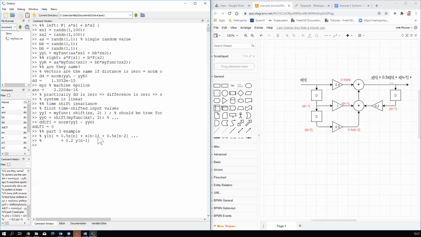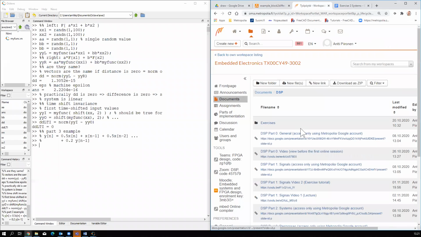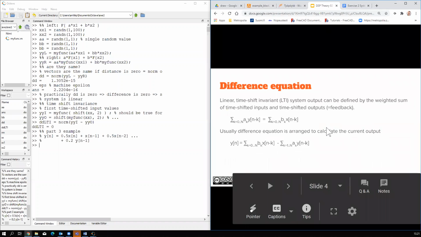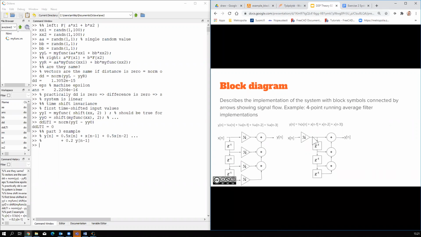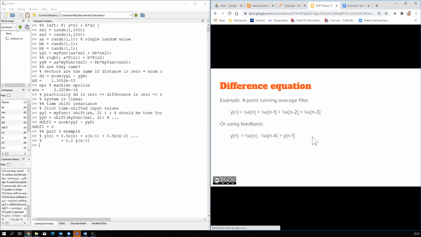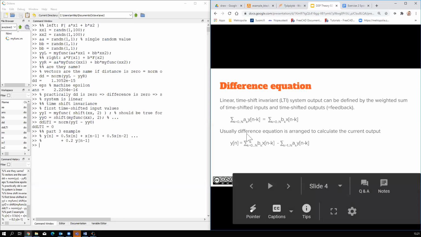Okay, for the difference equation parameters, remember the difference equation as the sum form. So this form here.